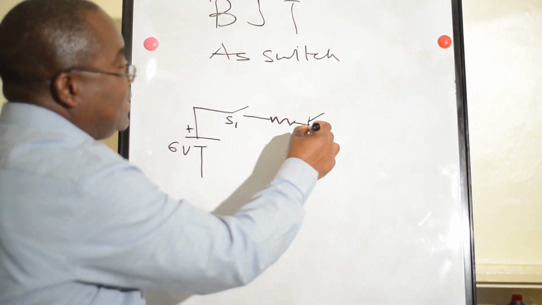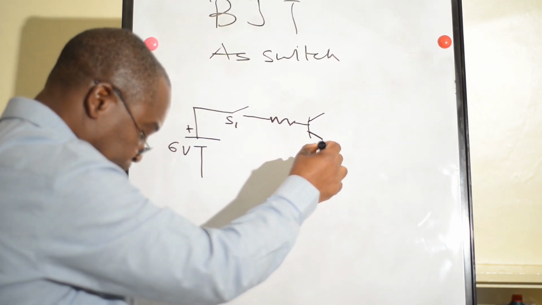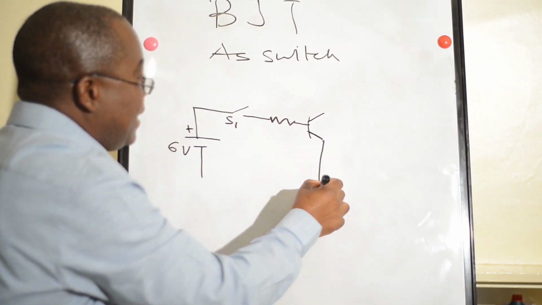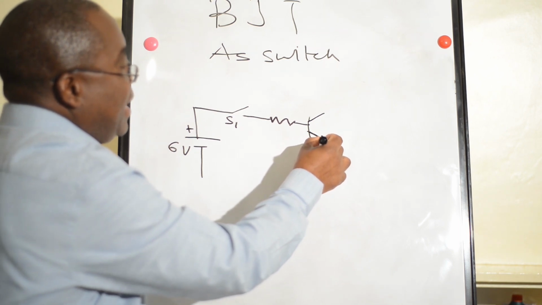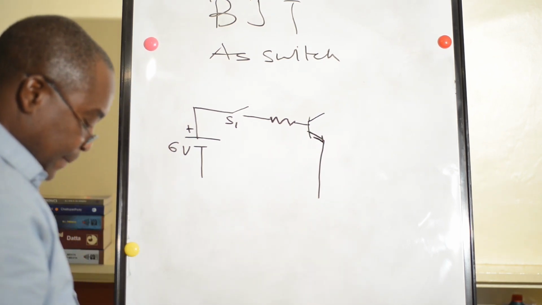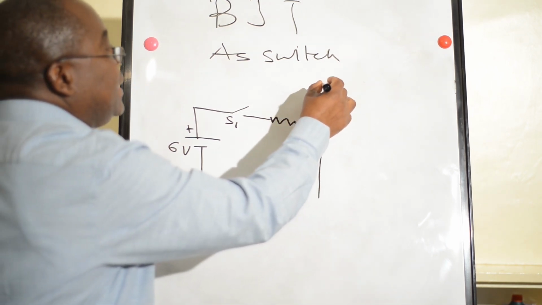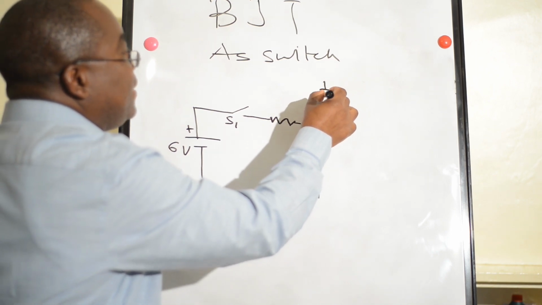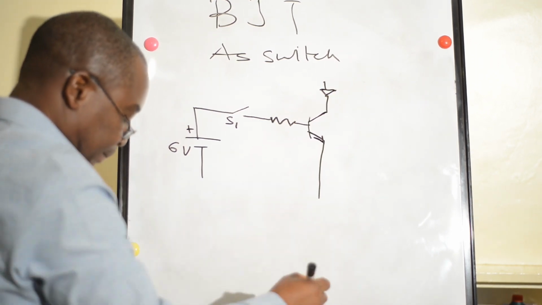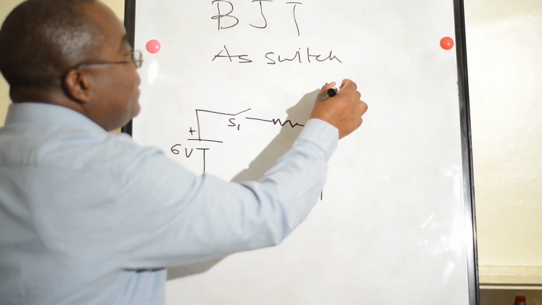This is our transistor here. This is an NPN transistor. The arrow points outward, and here we have our diode, LED, light emitting diode.